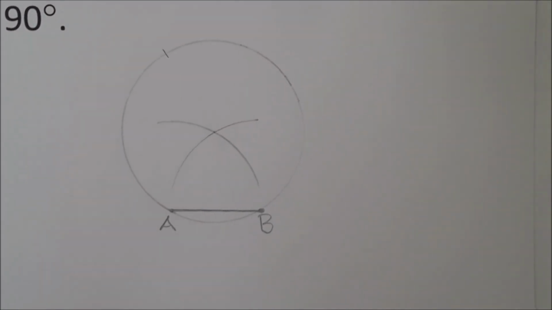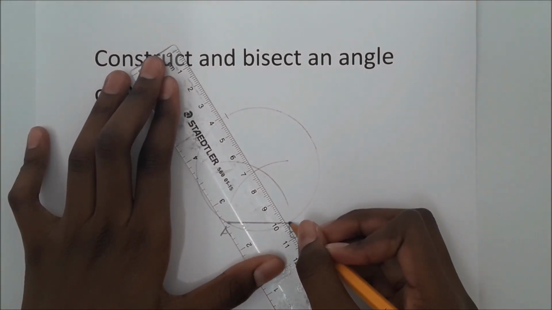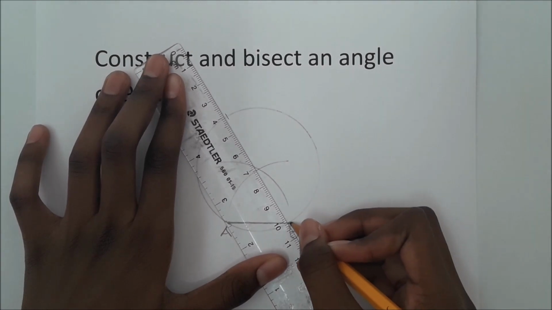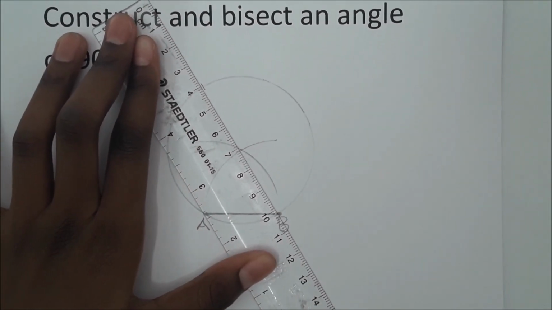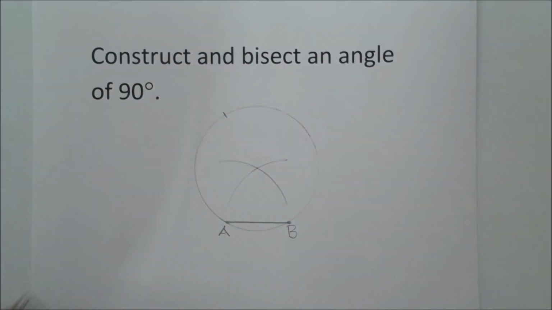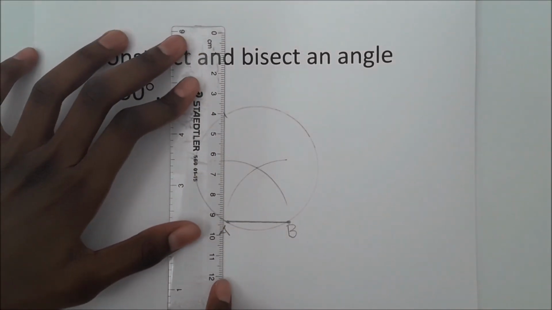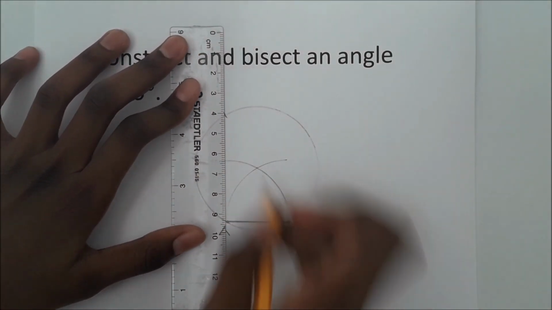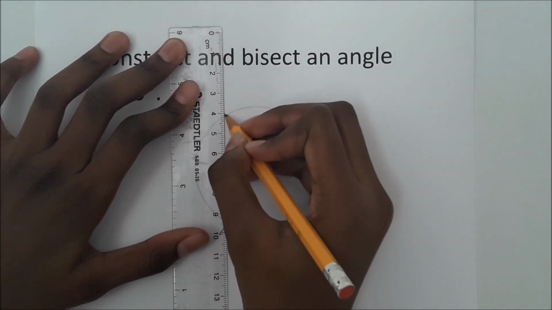Do that again, Rafaela, so we'll understand what you did. Put the ruler at point B and make sure it goes through where the two arcs intersect, right? And then put a mark on the circumference of the circle. Gotcha. Next. Then, with your ruler and pencil, draw a line from that small mark to point A. Go ahead.